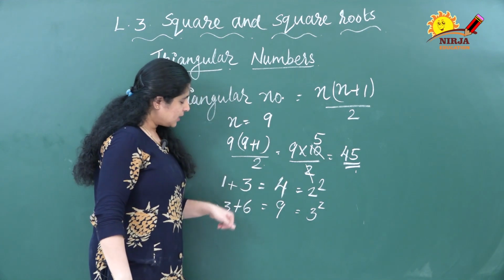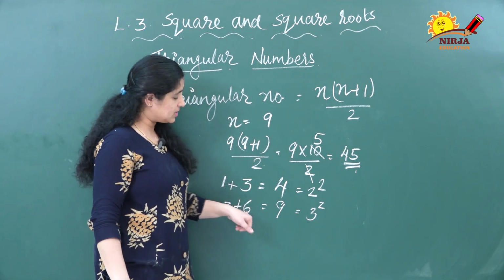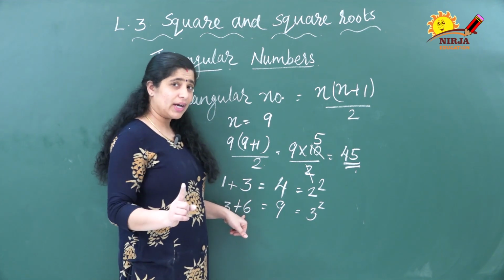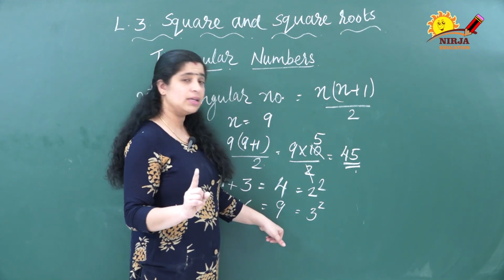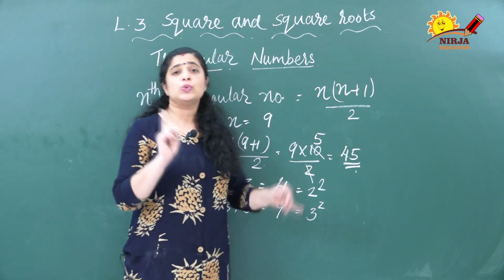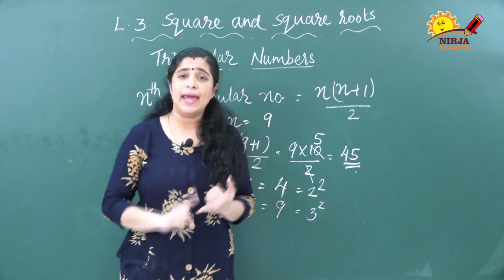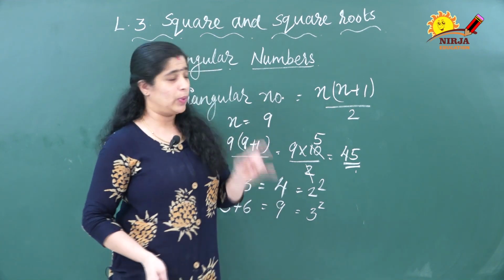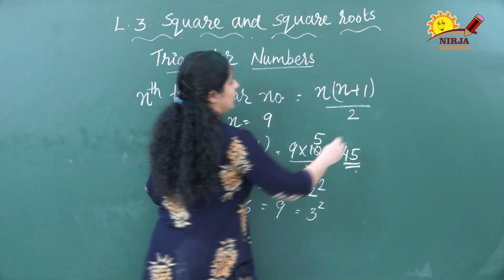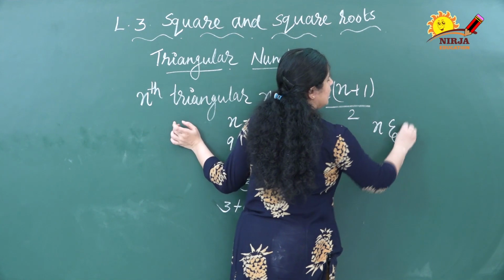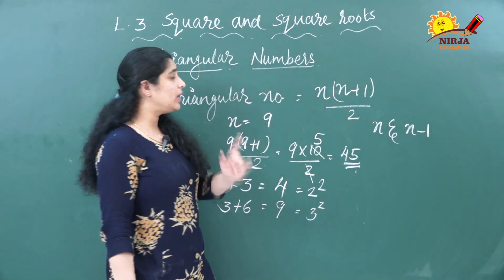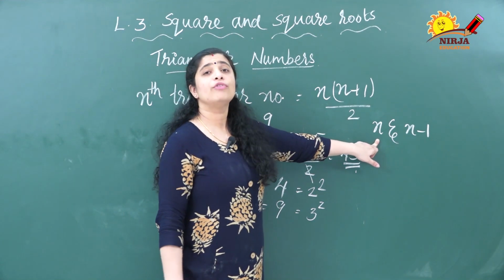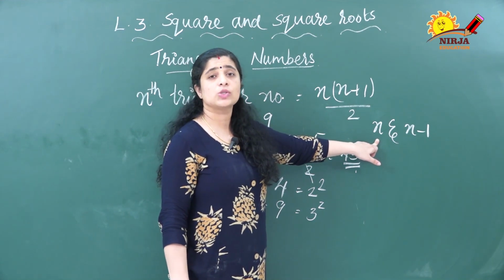Here you see this is the second and this is the third, and you are getting the square of 3, that is 9. That means when you are adding n and n minus 1, then you will get the square of n.